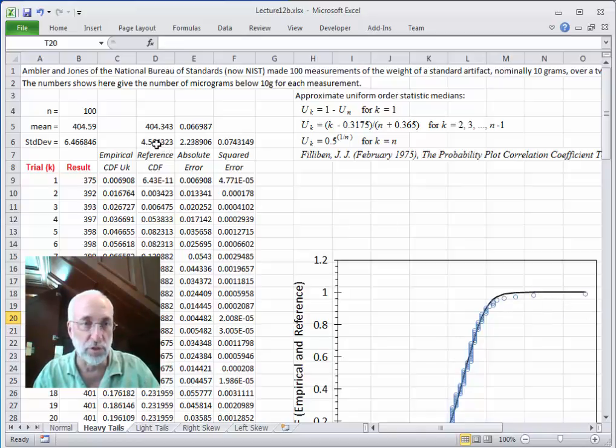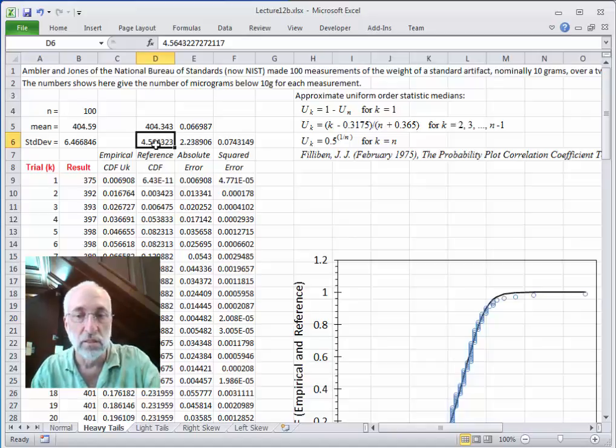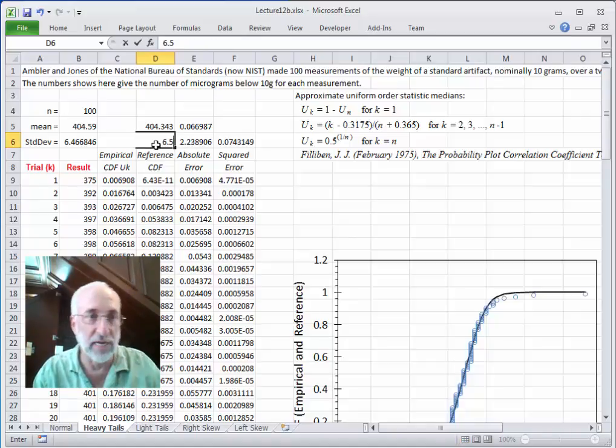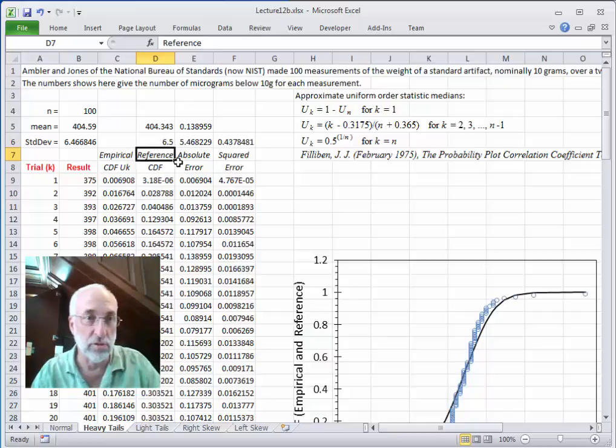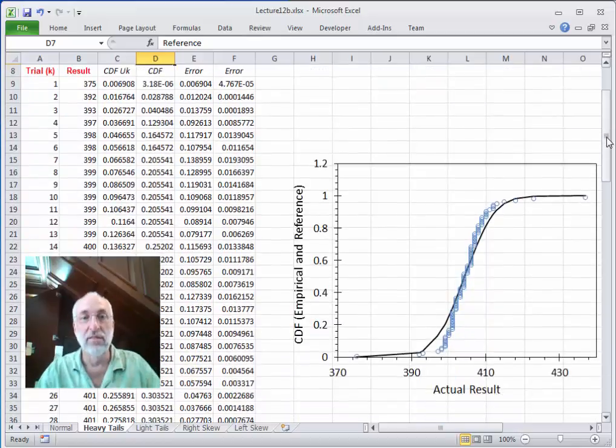If I were to plot this assumed normal distribution using 6.5 nanometers as the standard deviation, which is the standard deviation I get from the data, then here's the matchup, the comparison between the empirical CDF and the reference, or assumed, probability distribution.